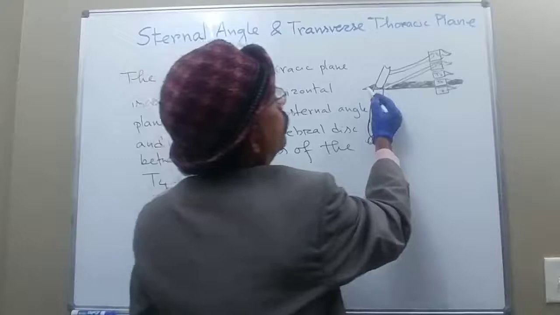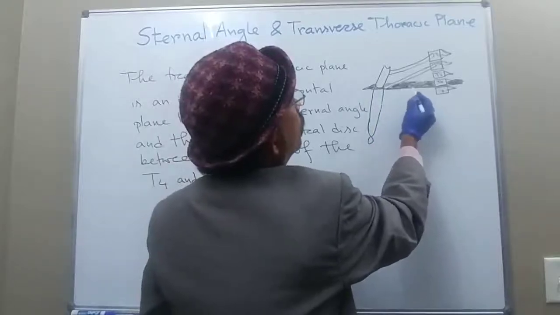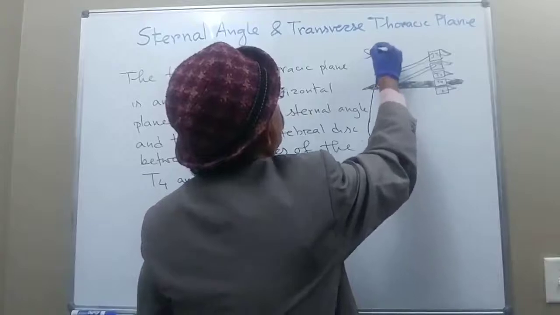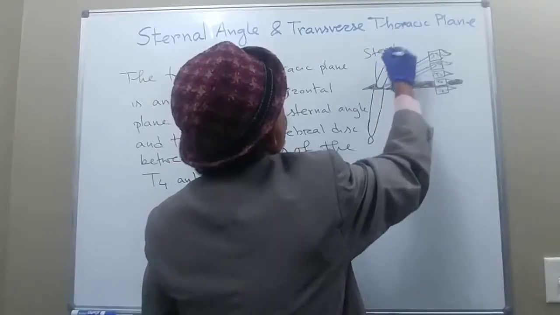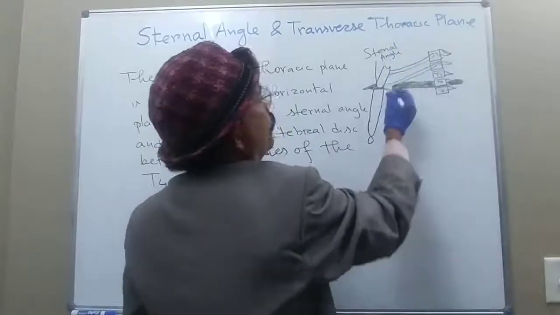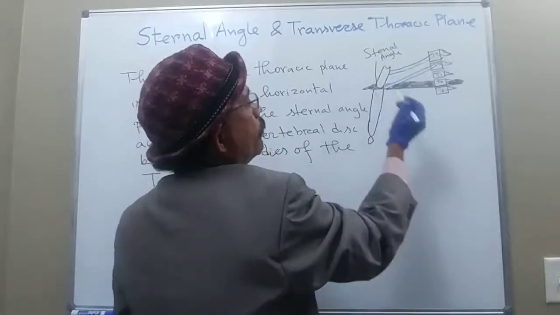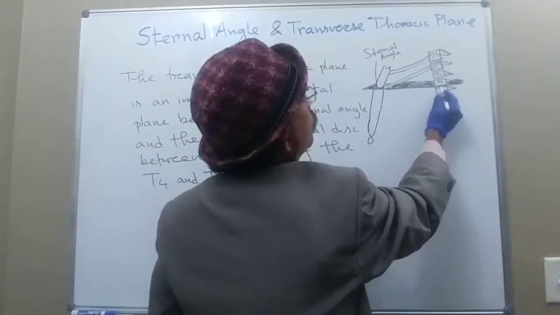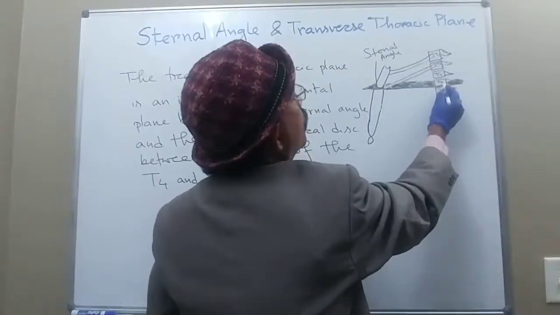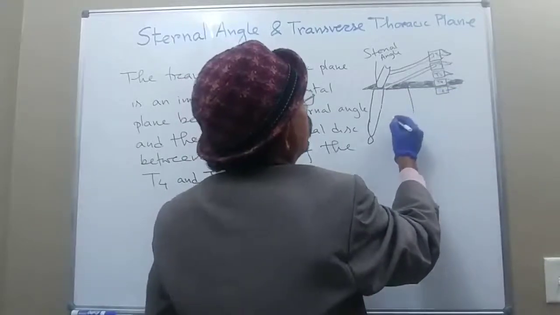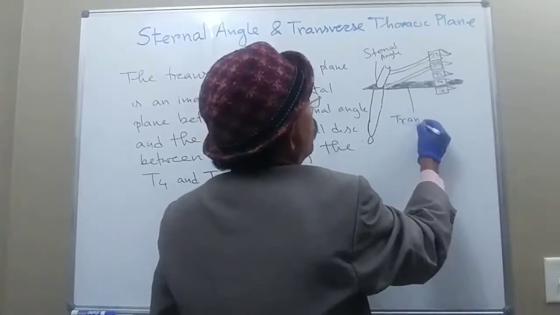The sternal angle is here anteriorly between the manubrium and the body of the sternum, and if we draw a plane, that plane goes through the intervertebral disc between T4 and T5. This is the transverse thoracic plane.